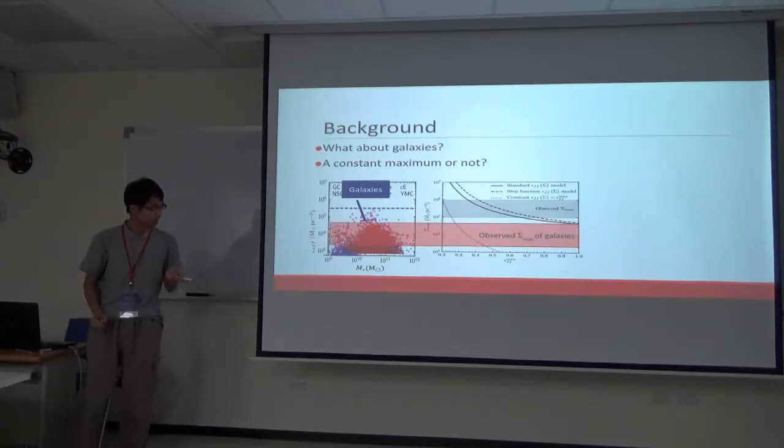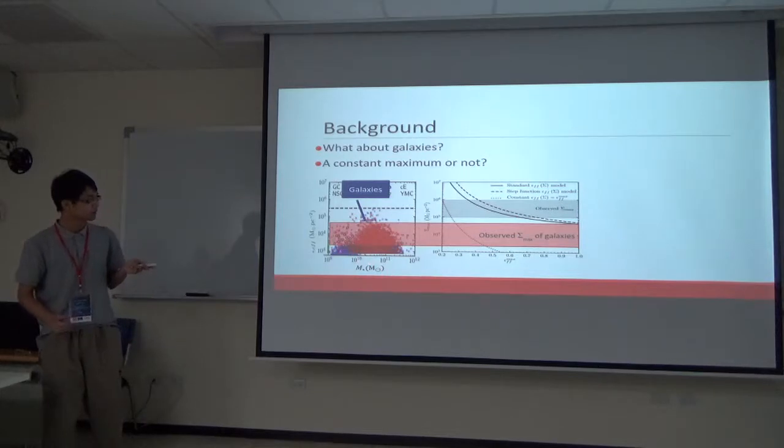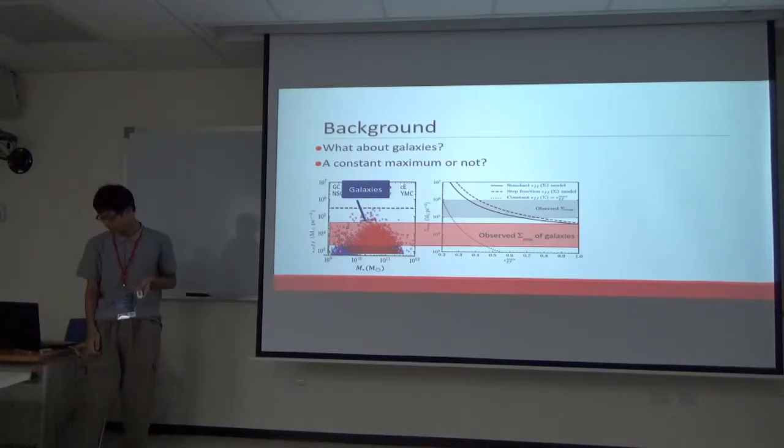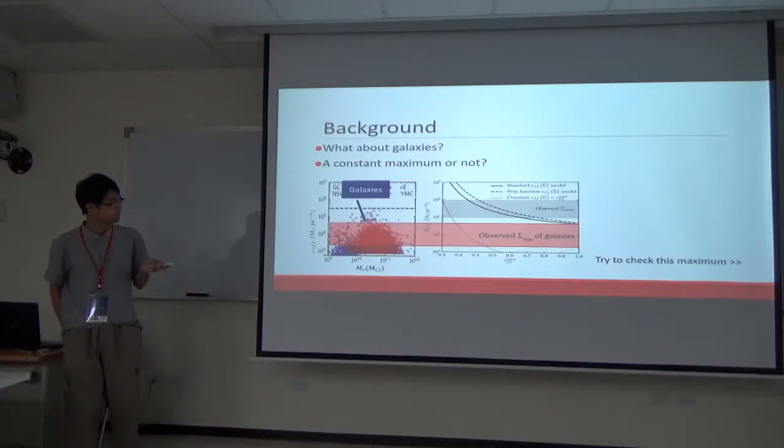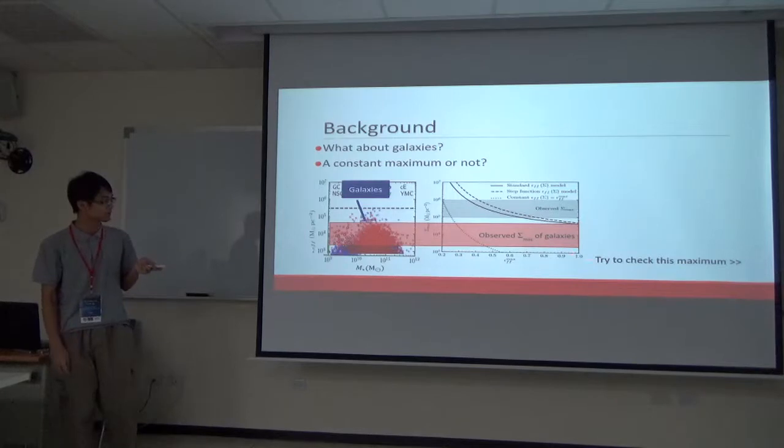And if you apply the galaxy measurements to their evolution theory, you can see it does not match. They propose this gray area, but for galaxies it is this orange area. So I want to check the density measurement of galaxies in this work.